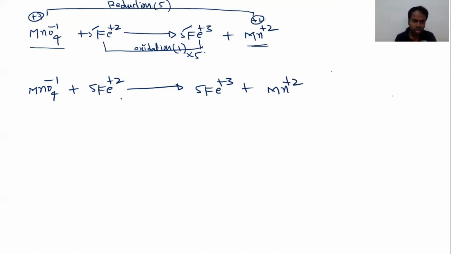Now the third step. Before balancing the hydrogens and oxygens, we have to balance all the remaining atoms. The third step is to balance all atoms except hydrogen and oxygen.